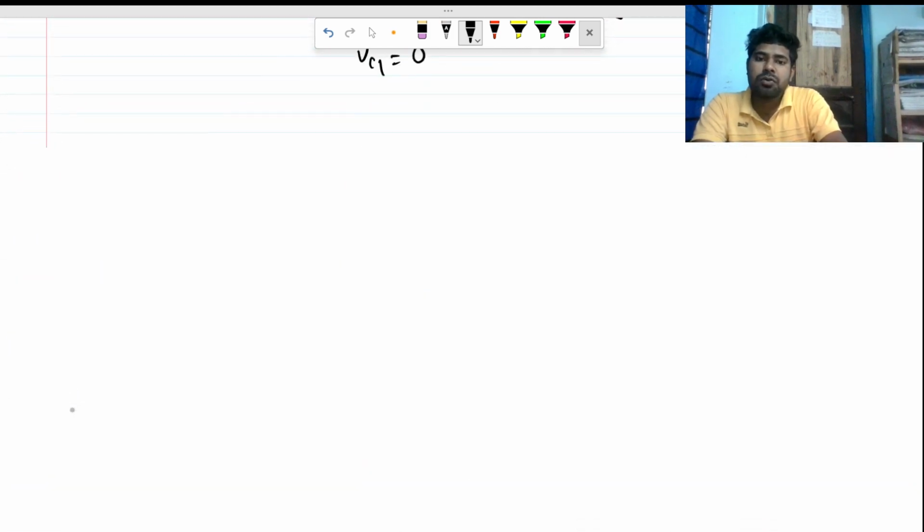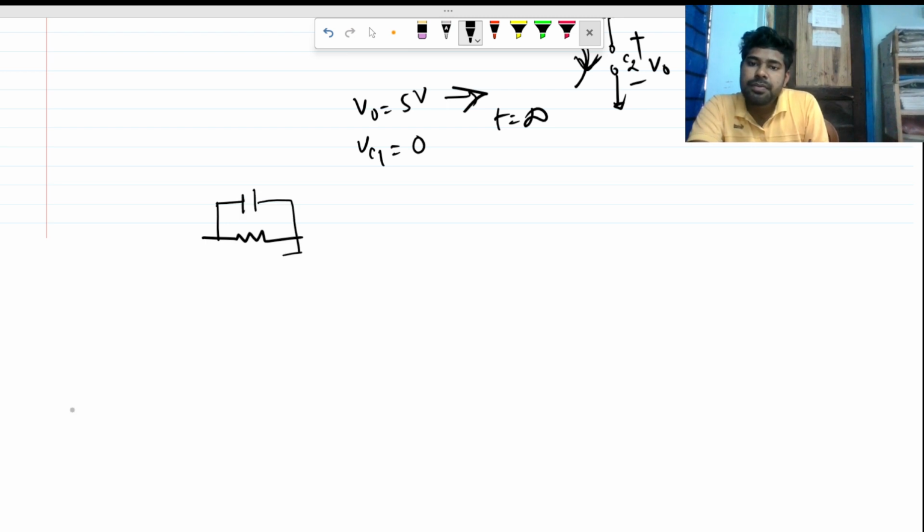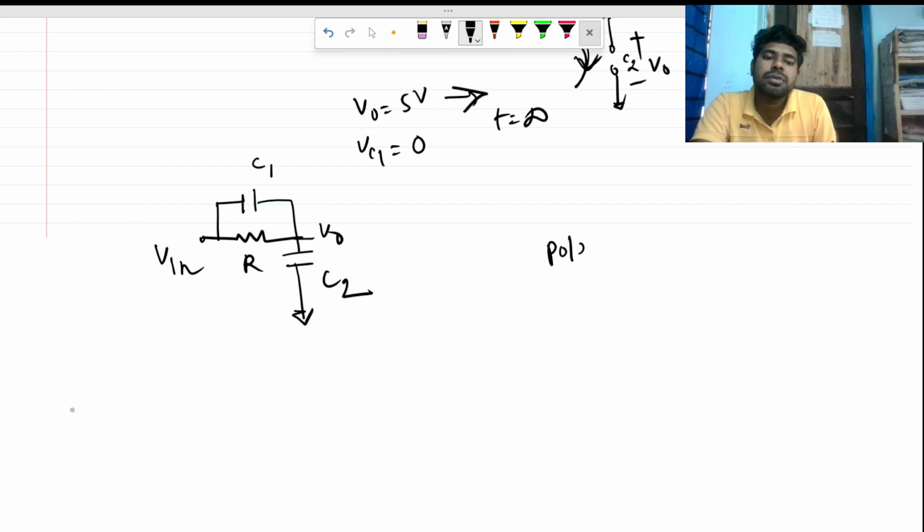Now we will go to frequency response. Okay. Like the Bode, like the poles and zero case. Okay. So we have this circuit. So to find the pole, what do we do?